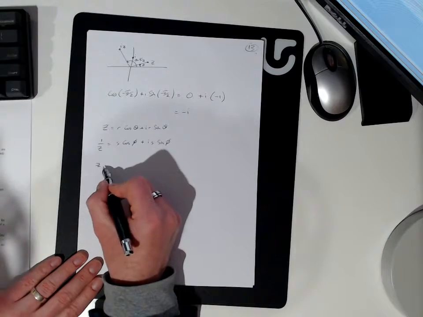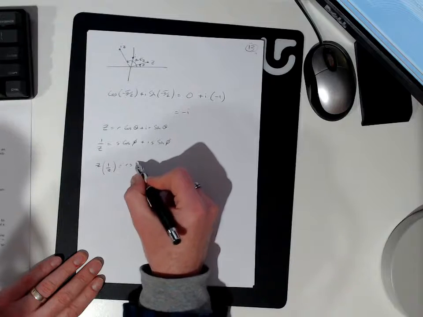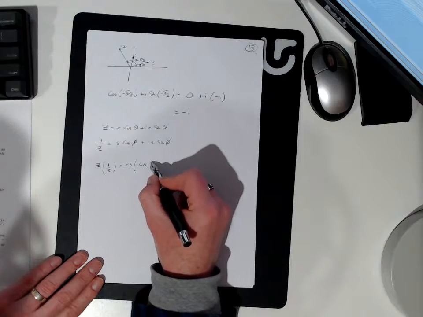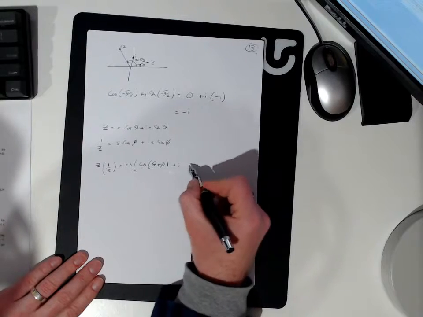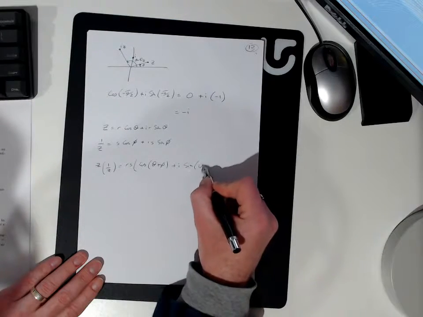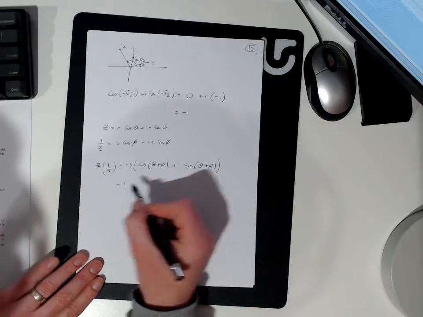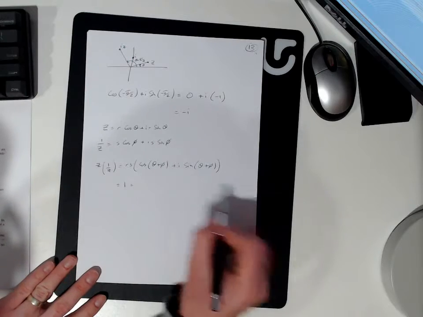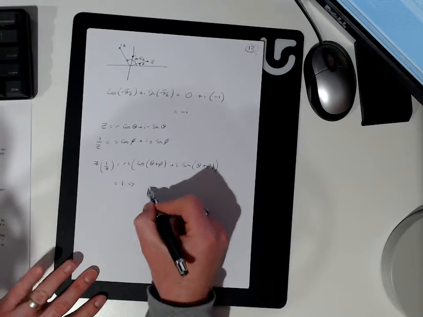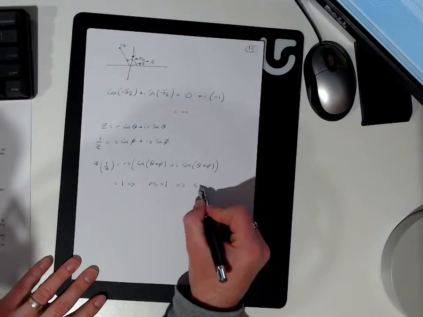Multiply them together because we have the rule about how these multiply. rs times cos theta plus phi plus i sine theta plus phi, and we want this to be equal to 1 because we want division to occur, and that implies that rs has to equal 1, which implies that s equals 1 over r.